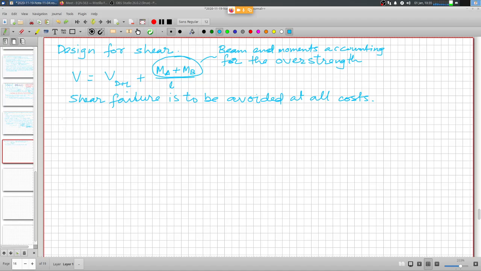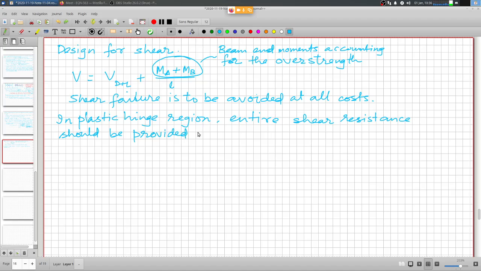So in the plastic hinge region, the entire shear resistance should be provided by shear reinforcement.